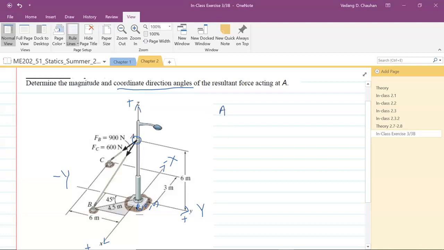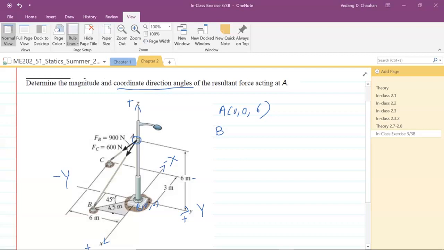Point A is straight along the z-axis, so it has 0 value of x, 0 value of y, and positive 6 value of z. So A is 0, 0, 6. Point B is in the xy plane. Its distance from origin is 4.5 meters at a 45-degree angle.